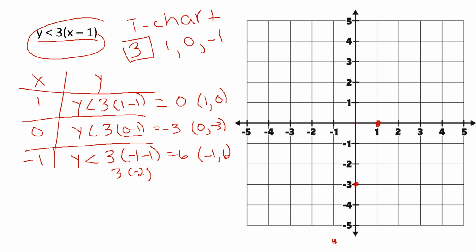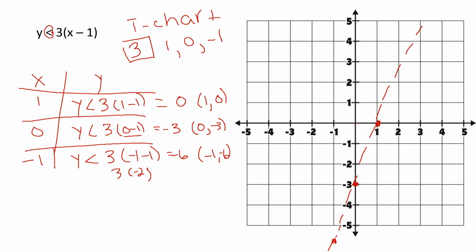Now, again, the reason I had to use a t-chart is because this was not in y equals mx plus b form. Now I'm going to look back up here at what my sign is, and I have a less than, not equal to, just less than, which means I have to use a dotted line.